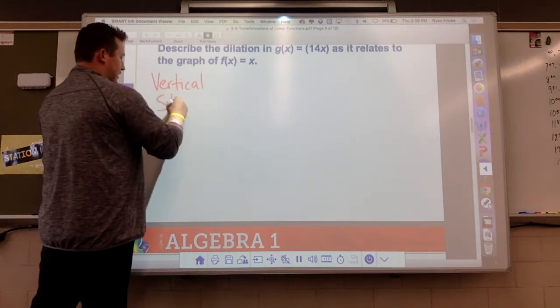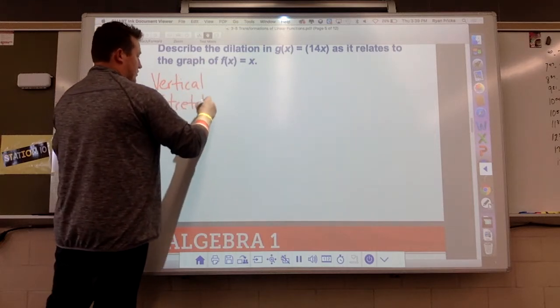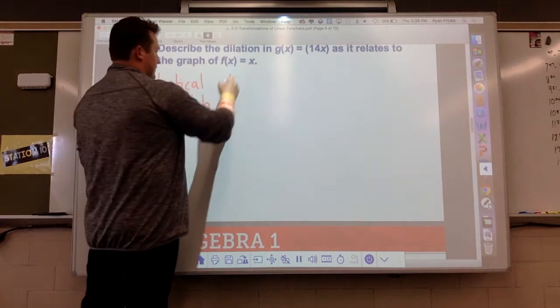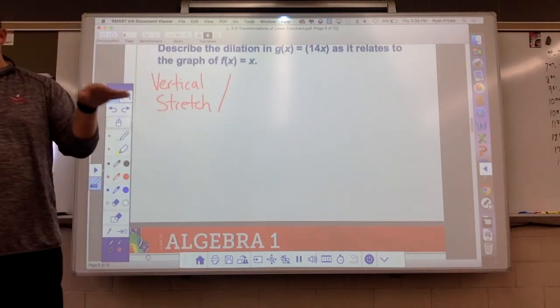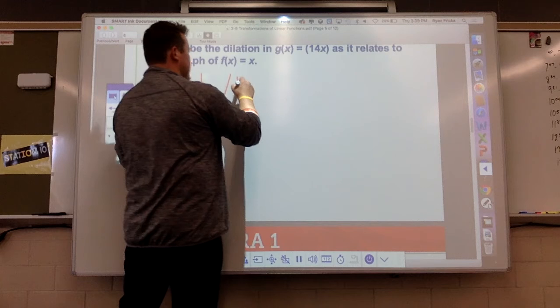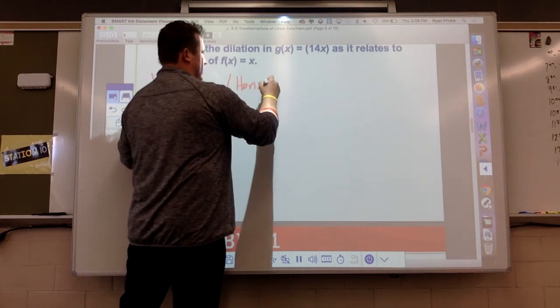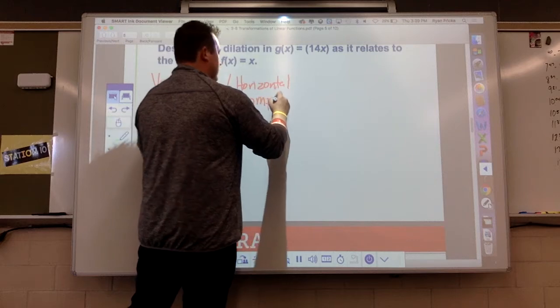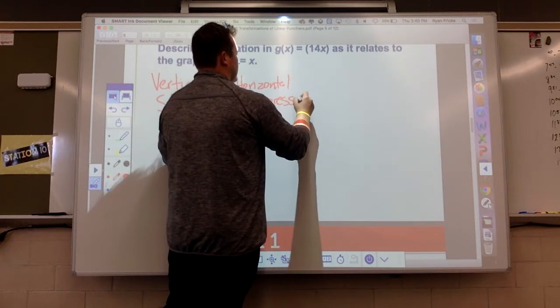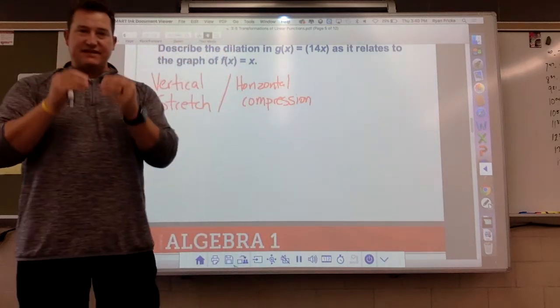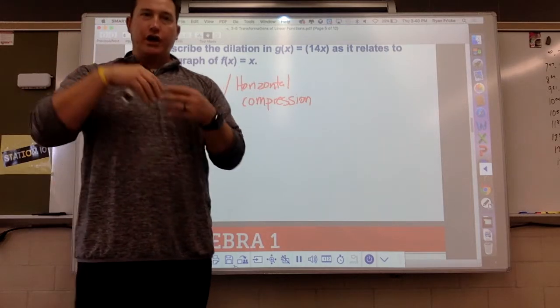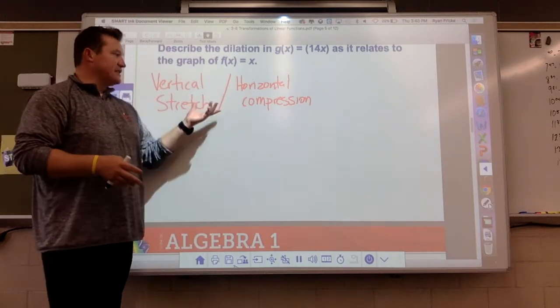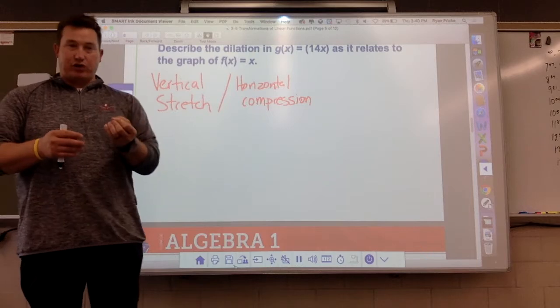vertical stretch, slash horizontal compression. These look like and have the same effect on a graph, okay? These basically, guys, make it steeper.